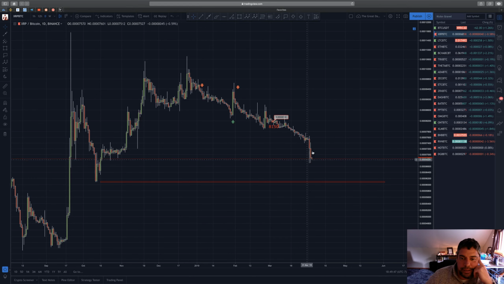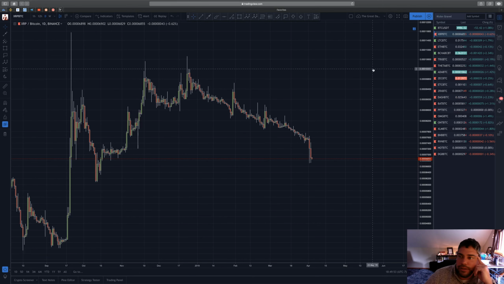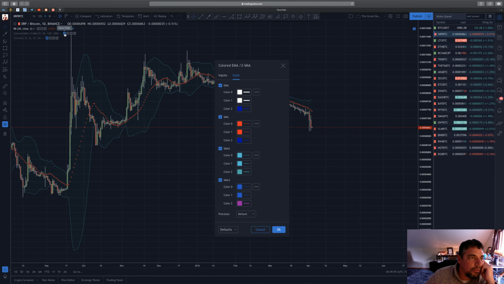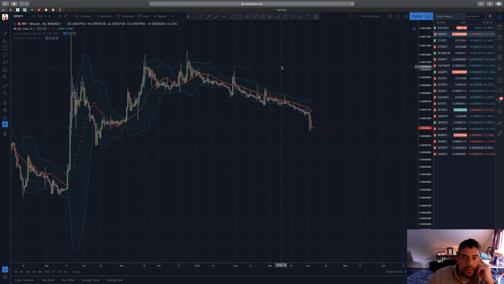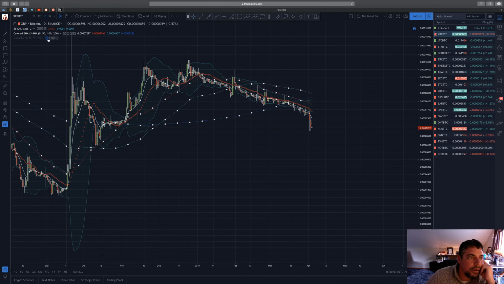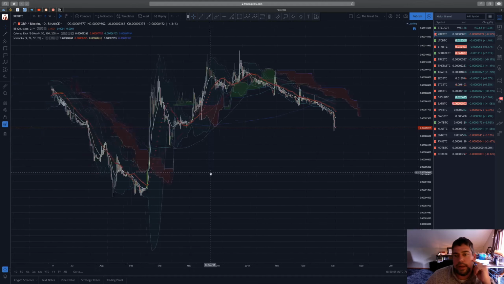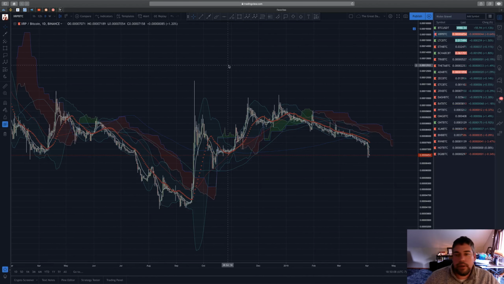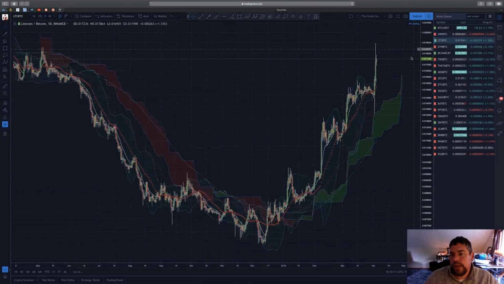So XRP getting beat up right here. I don't want to go into too many of these, but let's maybe Litecoin. How about Litecoin? Yeah, let's pull these back in here. Take this one out of here and move into Litecoin.